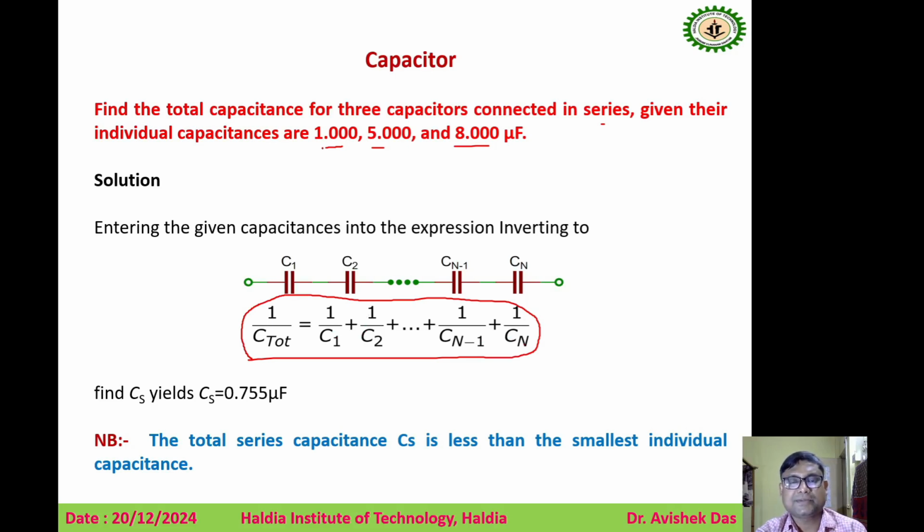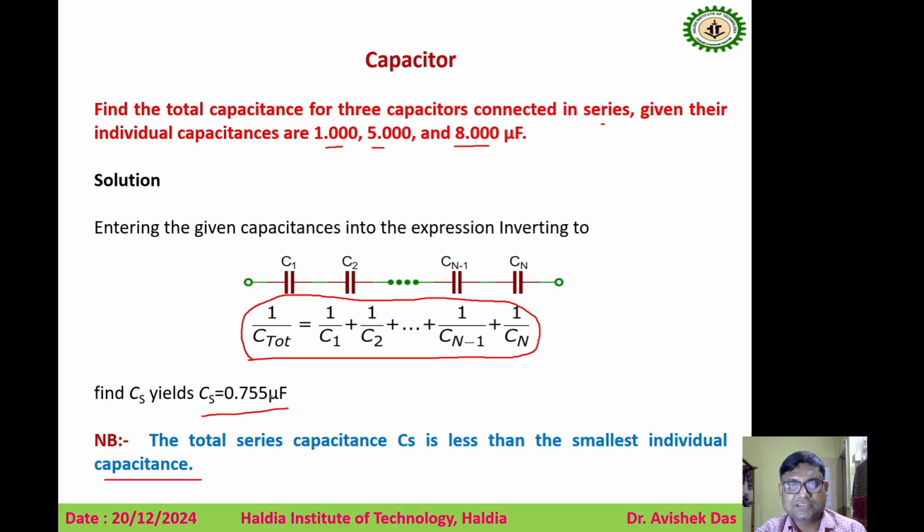Here the first capacitor is 1 microfarad, the second is 5 microfarad, the third is 8 microfarad. Putting them into the formula, the total capacitance is 0.755 microfarad.